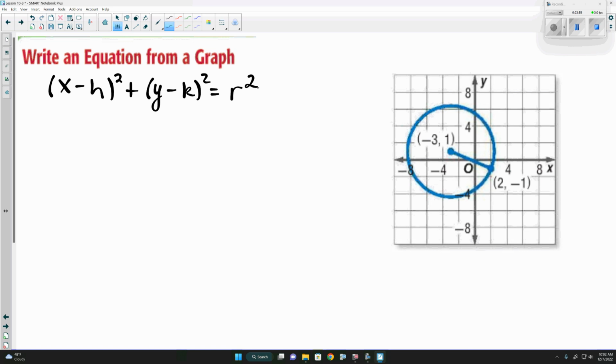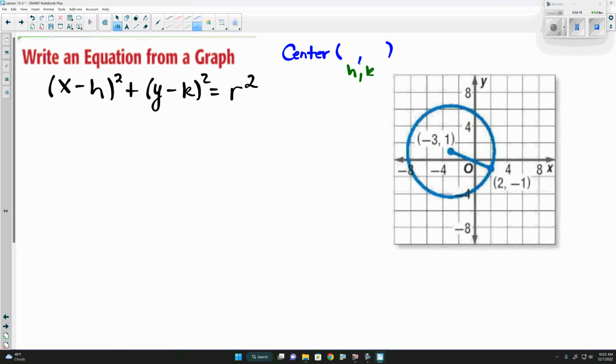So the values of h and k are the center of the circle. So the center is the point h comma k.